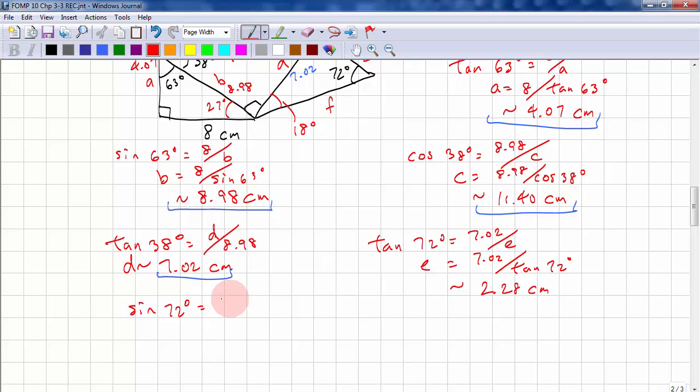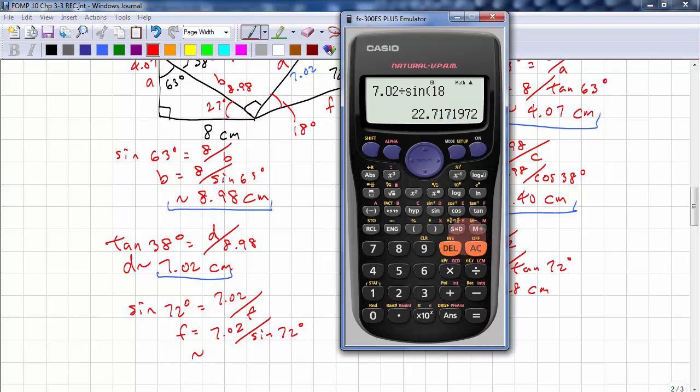Sine 72 equals 7.02 over F. F equals 7.02 divided by sine 72. And that gives us approximately 7.38.